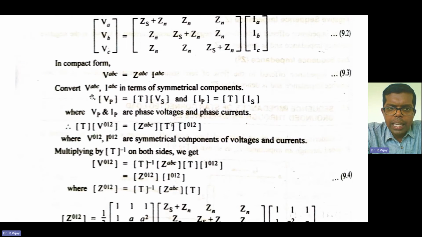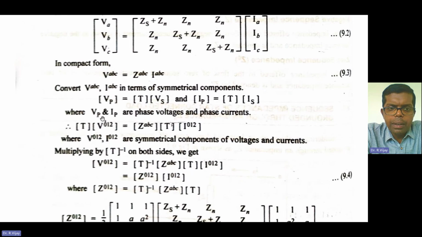Now converting VABC and IABC in terms of symmetrical components. This we already derived from the previous formulation, that is VP is equal to T into VS. That video I will also give in the description, you can watch. Next, IP is equal to T into IS. This also we have already seen.